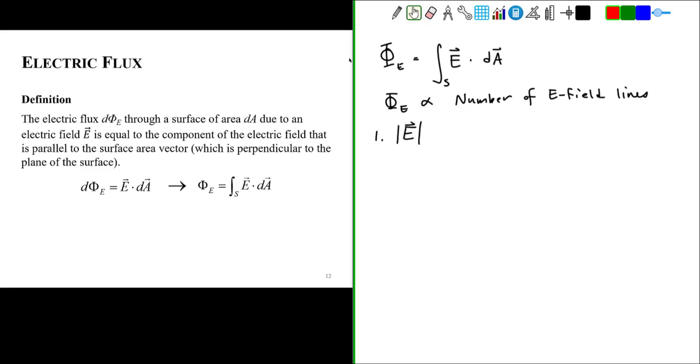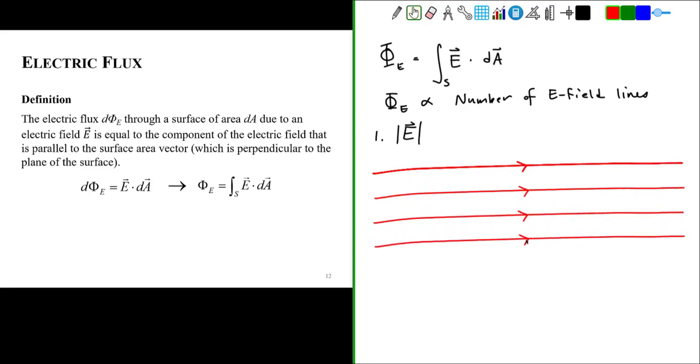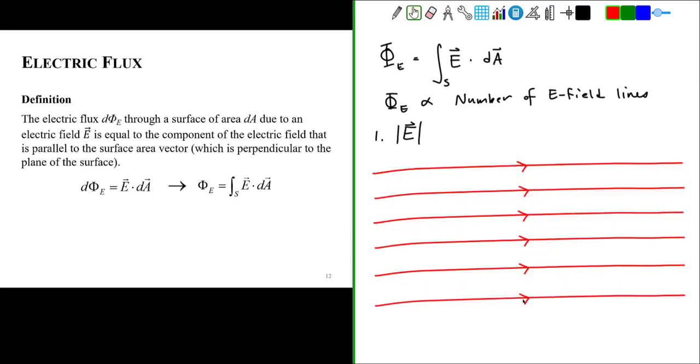Let's now look at a uniform electric field in space. We can tell that this electric field is uniform because the electric field lines are parallel to each other. Because they're parallel to each other, the density of the electric field in any portion of space remains constant.